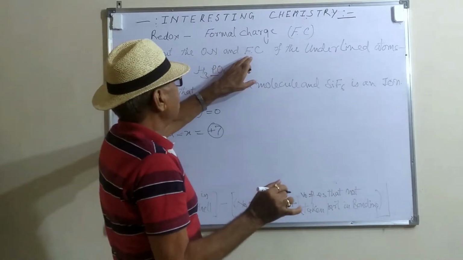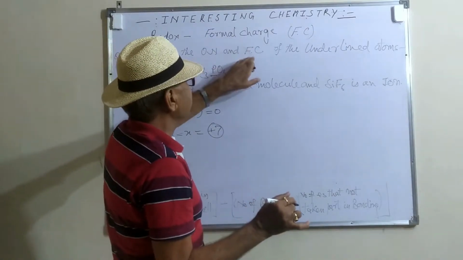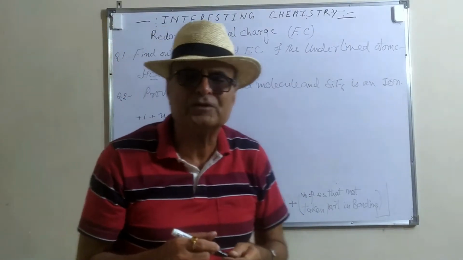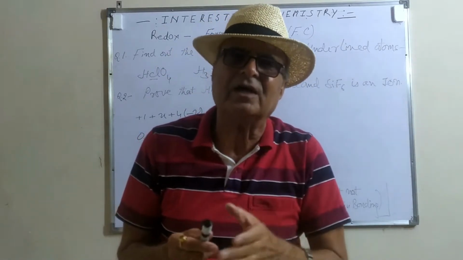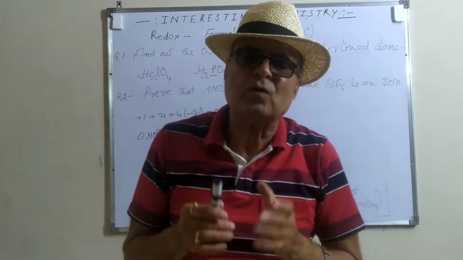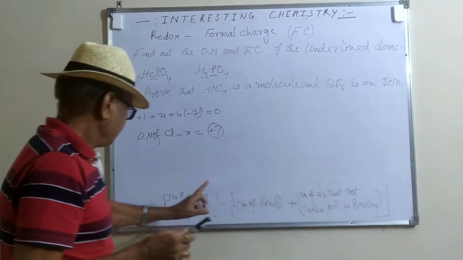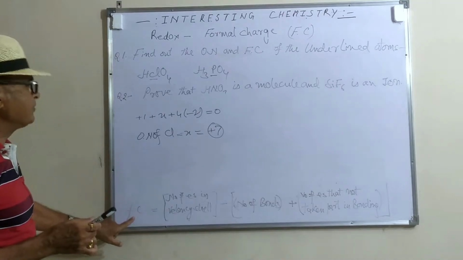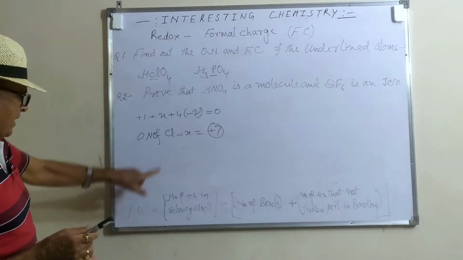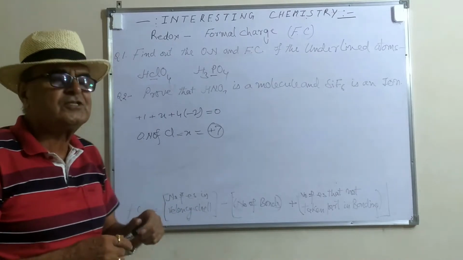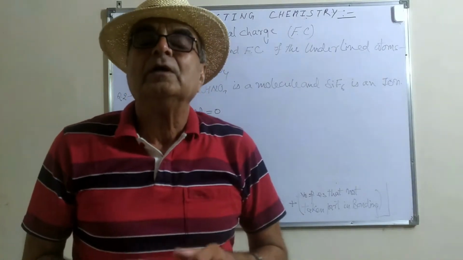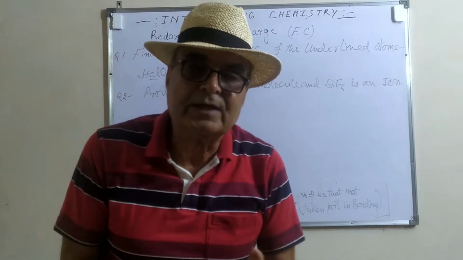And now calculate the formal charge. How will you find the formal charge? I have written the formula to find the formal charge. This is the formula: Fc, the formal charge, is equal to the number of electrons in the valency shell.